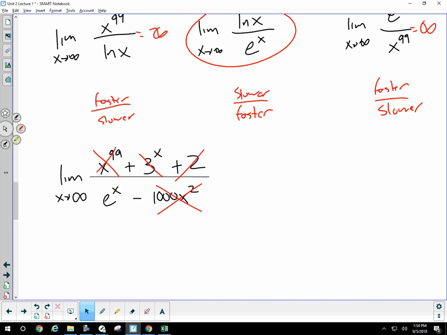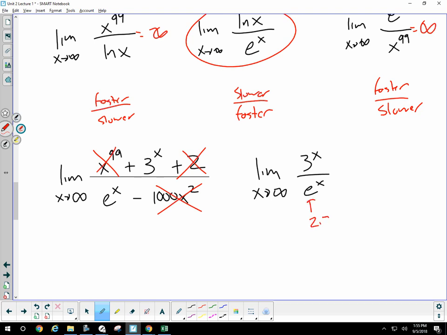So cross out the x to the 99th, leave the 3 to the x. Then you can have this one simplified, but only to here. And from here, you must compare the relative growths. What's bigger, e or 3? 3. E is 2.717, if we recall. So this is approaching infinity. Thank you.